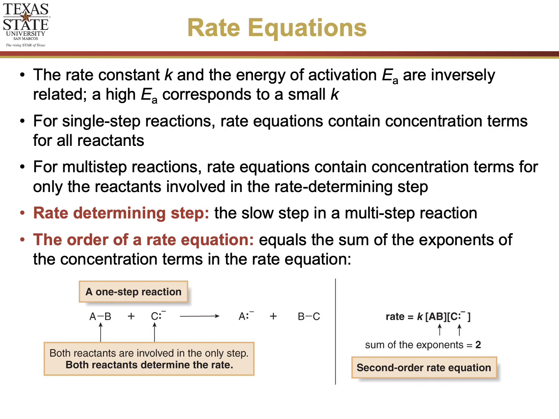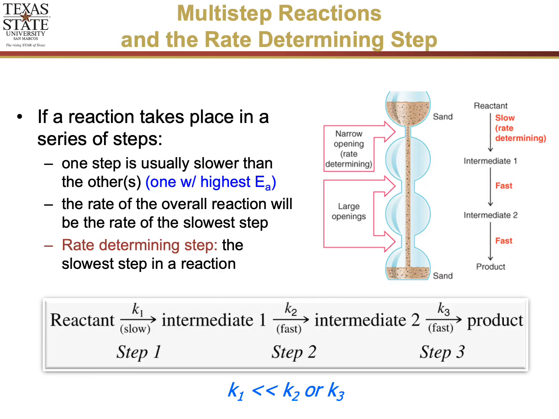If the concentration of one or the other of those components were squared, we could actually have a third order or a half order or a first order rate equation. But it's always the sum of the exponents of the concentration of the reagents. All right, so in a multi-step reaction, the slow step is always the rate determining step. And you can think of it as this example on the right where we have sand coming through a series of hourglass type shapes.